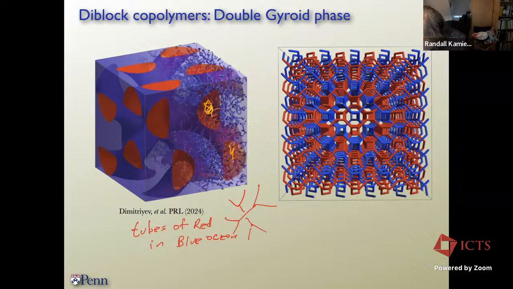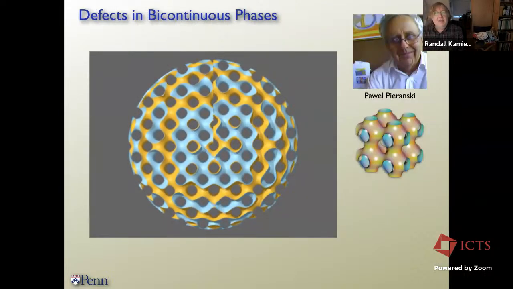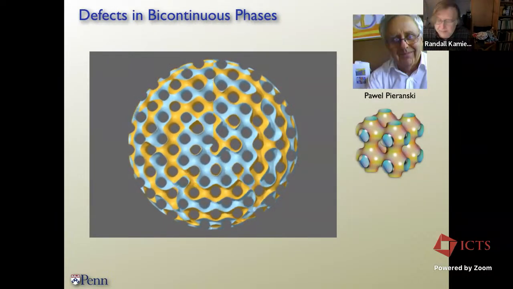One network is the red network on this right-hand picture, and the other network is the blue network. In other words, this picture I keep showing you is just wrong. Really, I should say those are all the same color network, and they're separated by this interface. And my dumb proof is that the interface will be a minimal surface. And that minimal surface is the gyroid.